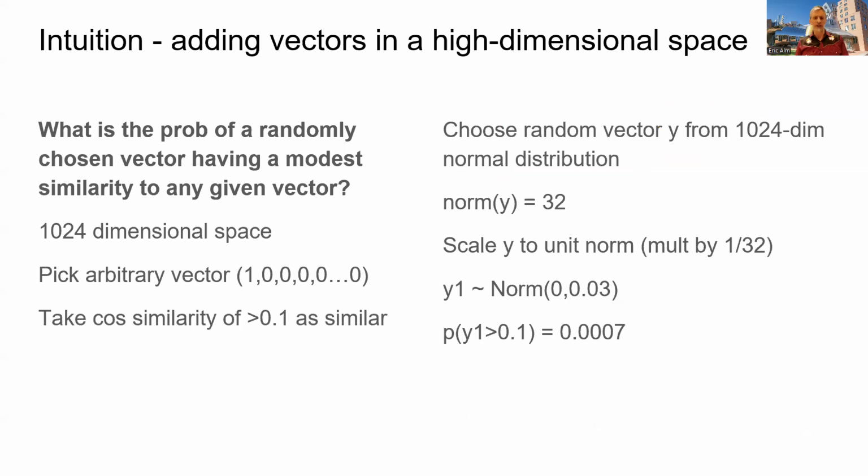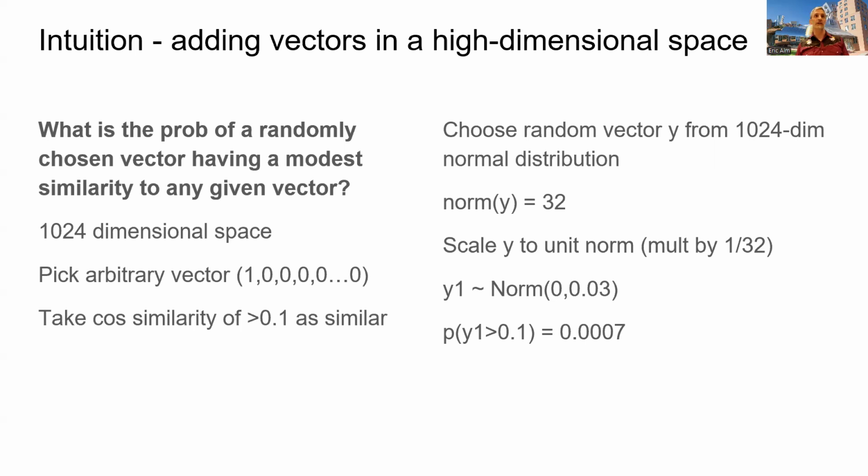So what's the probability of that? Well, if I take a randomly chosen vector in a 1024 dimensional space, I can compute how much of that vector is going to be pointing in that first dimension, and it turns out it's going to be roughly the square root of 1024.